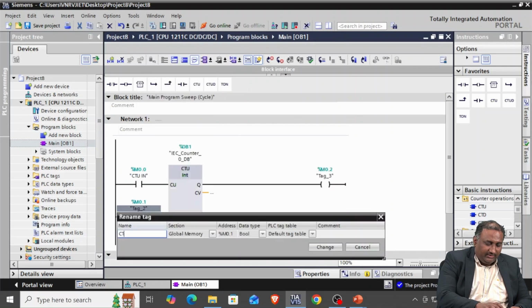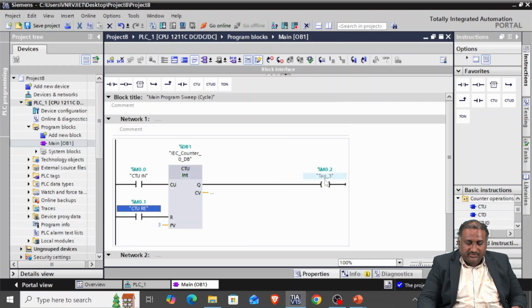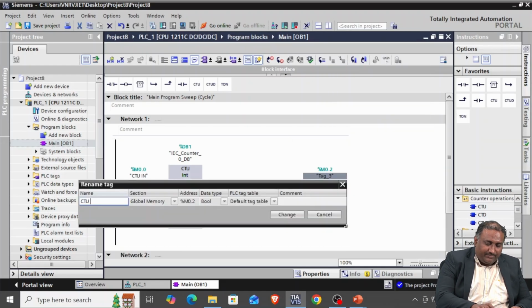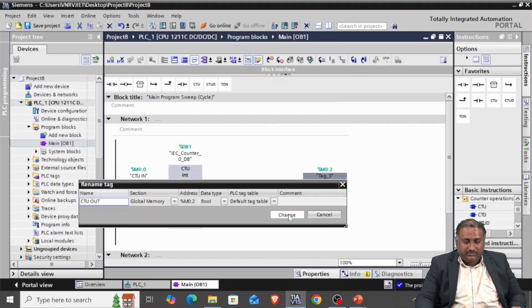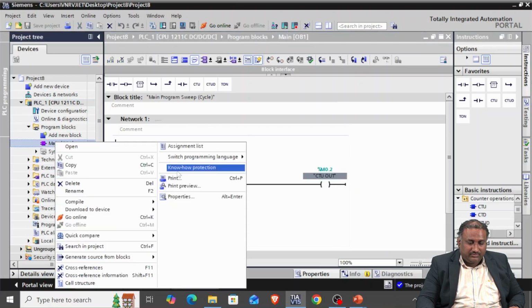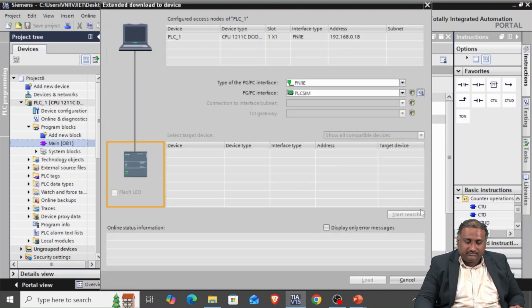This is my up counter reset switch, and this is my up counter output. First I will try to explain to you the working of this up counter.